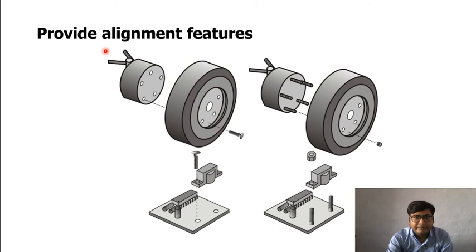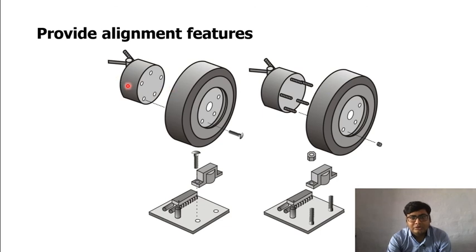Okay, so provide alignment features. What do we mean by that? We mean that our part or design should have some features that will make sure that we do not need to align all the parts or all the holes. Consider this design. For this design, we need to align these two holes.